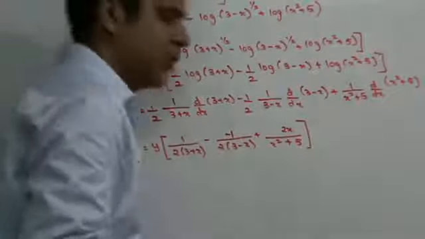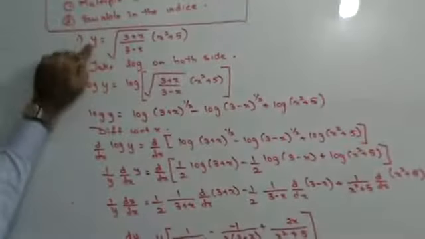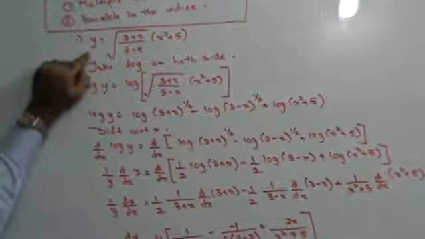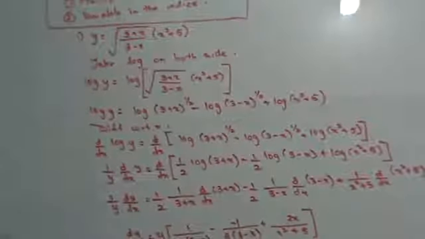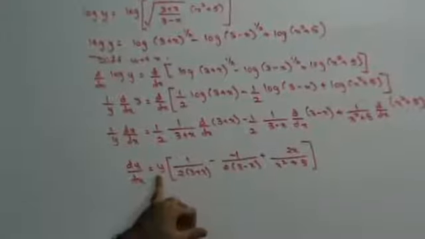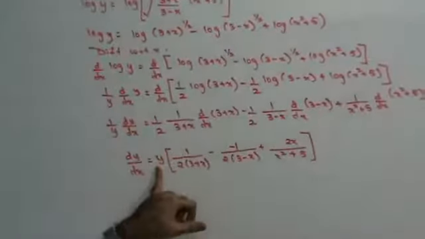Now we substitute the value of y. We had already taken the value of y to be this. Resubstitute this value of y in your final answer, which is here.